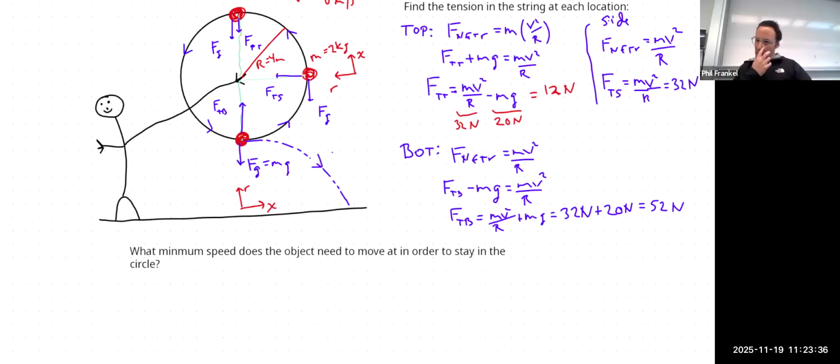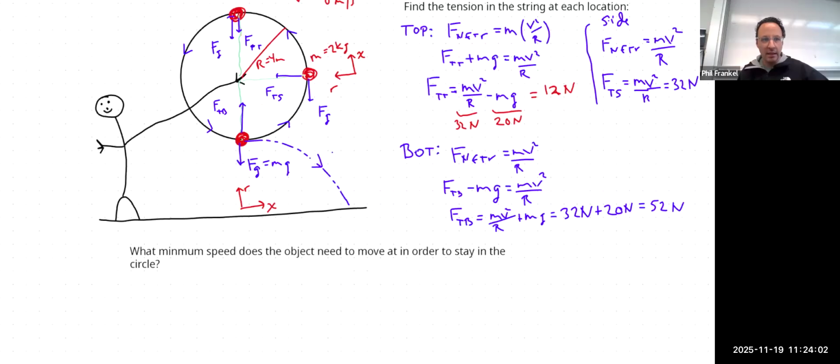Well, the risk is if it moves too slowly, then near the top of the circle, the object will fall out of the circle. Maybe that would look something like this. The object would fall out of the circle if it's moving below the minimum speed.